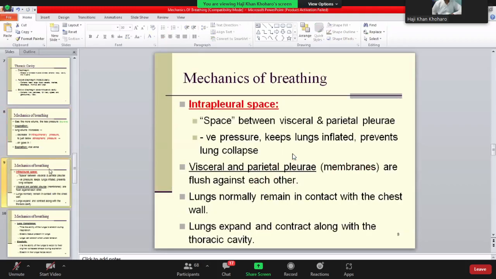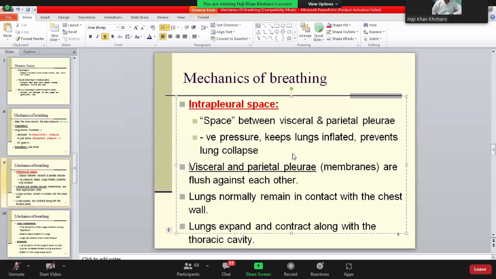Now what happens? There is another pressure force that lies between the two layers of pleura. One layer is known as visceral and the other is known as parietal pleura. In between there is a potential space.